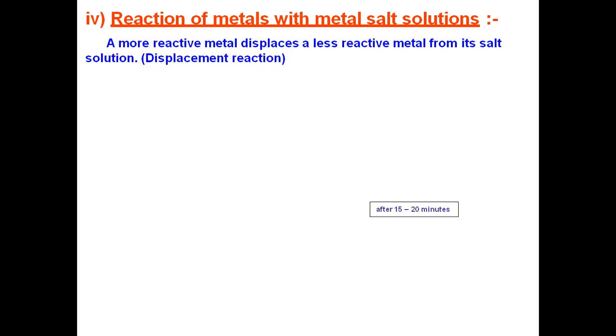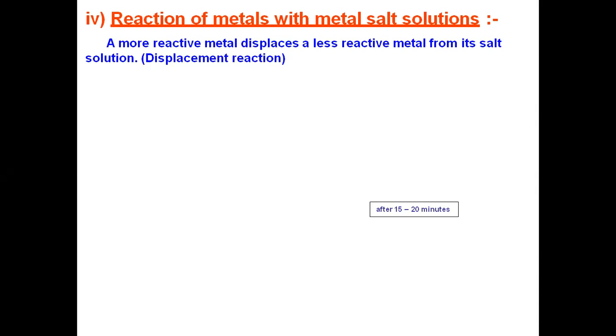When a metal is dipped into a solution of metal salt, the more reactive metal displaces a less reactive metal from its salt. From the salt solution, the more reactive will displace the less reactive metal.